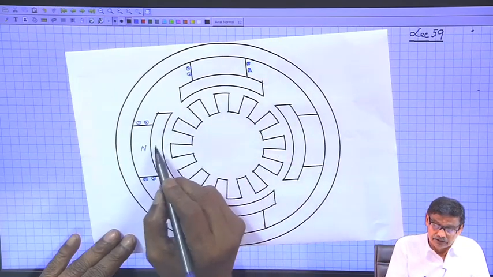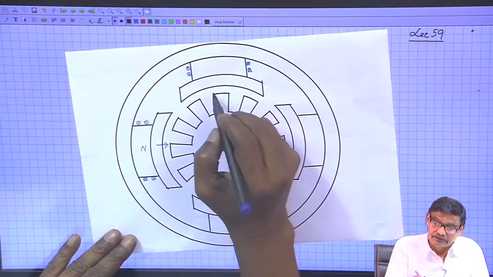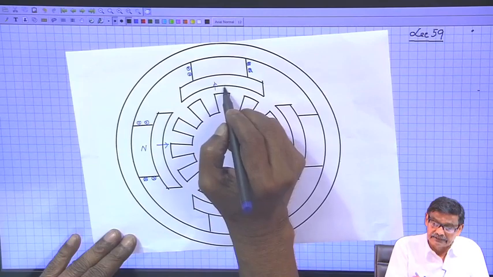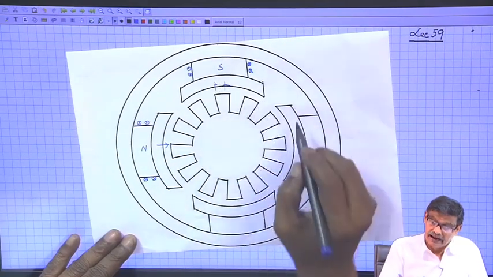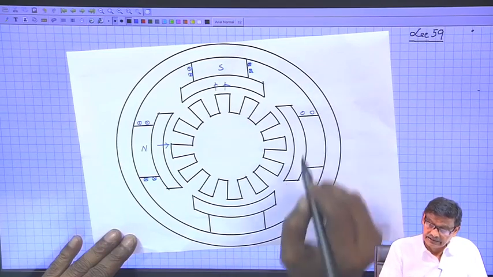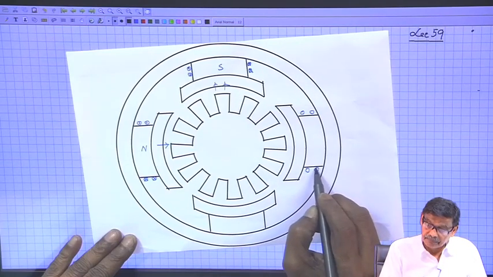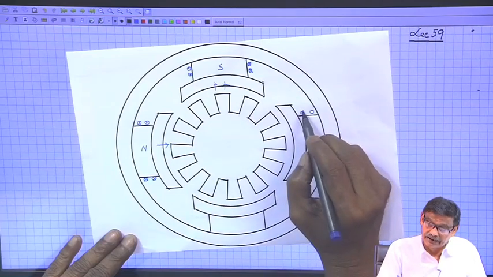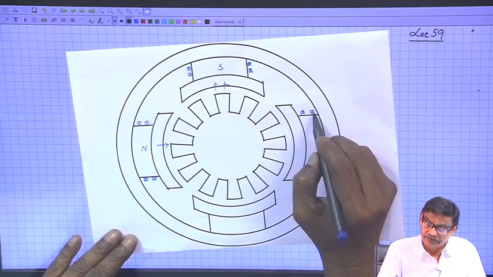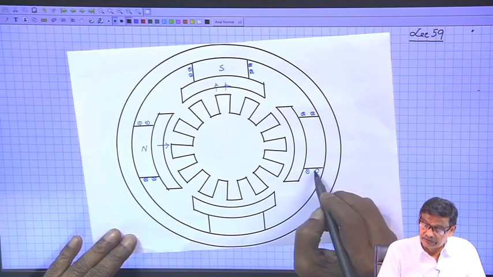So that lines of force will come out here, and lines of force will enter there. So, this will become north and south, and then once again this will become north and south; north I want to create here. So, this will be cross dot dot.